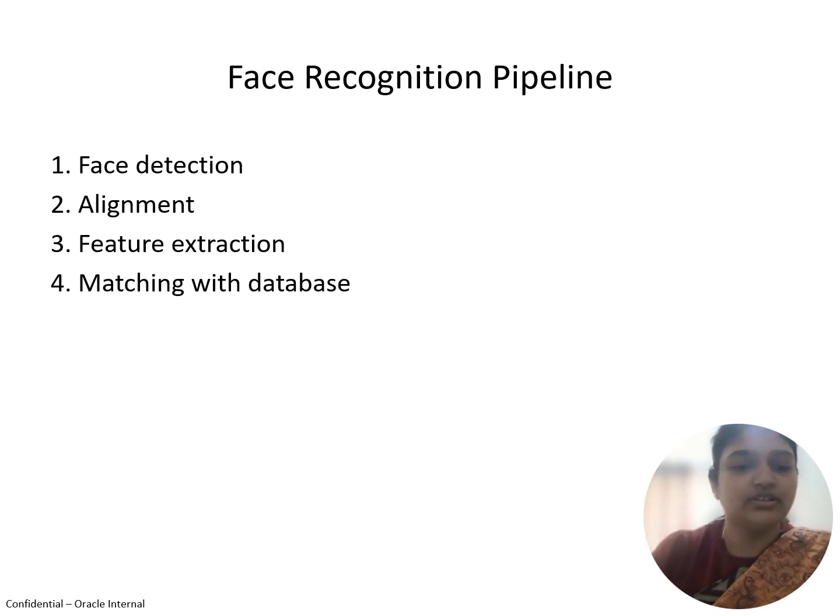These are features like the shape of the nose, eyes, retina and all, and it matches with the database properties and tells the name, whose face it is in the image, that is recognized by this.